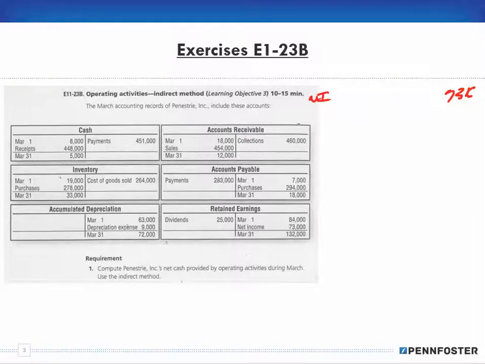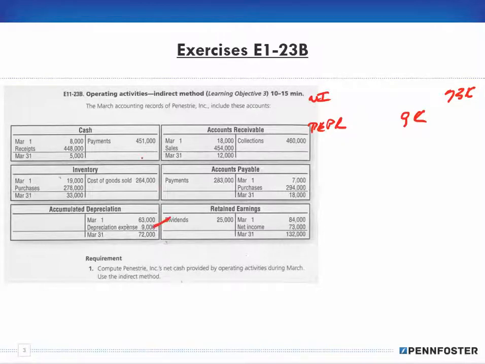So we start out with our net income, and then we have to look at our operating activities. What are the operating activities that we have to take into consideration? The first one would be depreciation, and that's $9,000 right here.